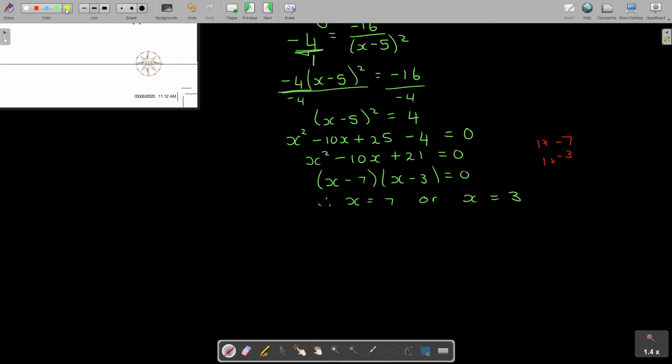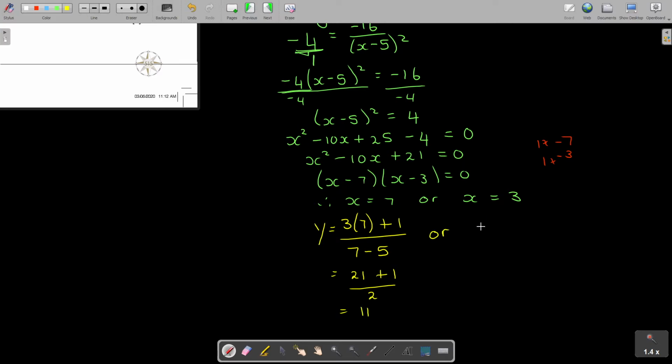So y is equal to 3 times 7 plus 1, over 7 minus 5. Okay, so this is going to be 21 plus 1, and 7 minus 5 is 2. So it's going to be 11.